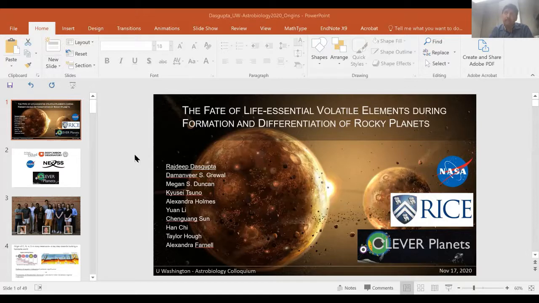But bottom line being, there likely was as much as 4 or 5 log units difference in terms of oxygen fugacity during the subsequent stages of core-mantle equilibration.